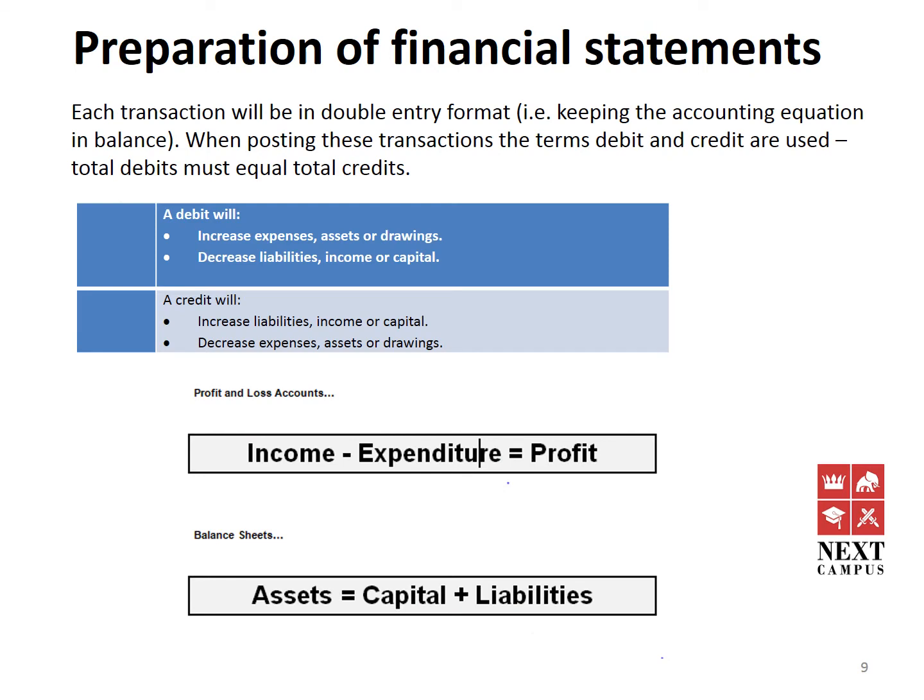Preparation of financial statements. Each transaction will be in double entry format. That is, keeping accounting equation in balance. You know, each transaction have two sides in it. A debit side will be debit entry, will be increase of expenditure, increase of assets or drawings, or decrease of liabilities, income or capital.